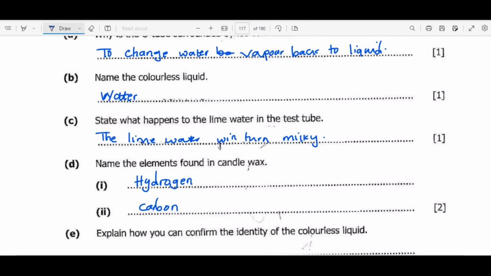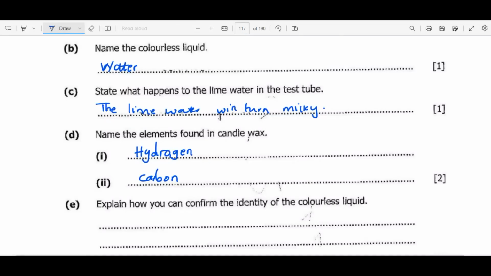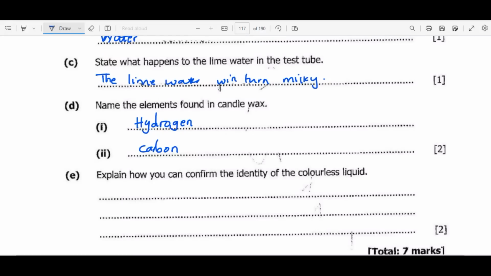Then explain how you can confirm the identity of the colorless liquid. So this is the same as give the identity test for water. So we can say by putting the colorless liquid into copper 2 sulfate.